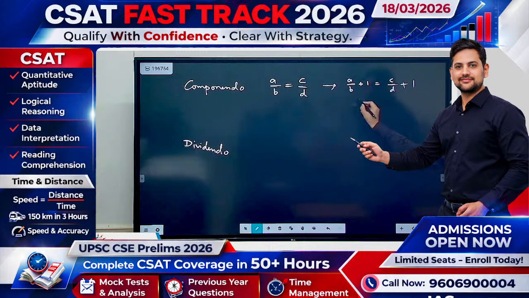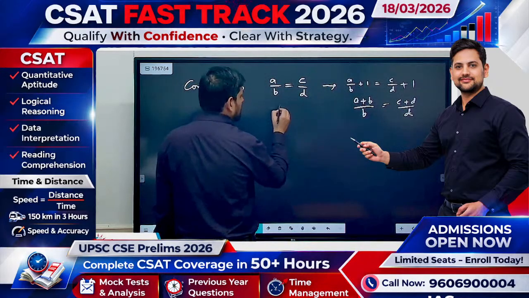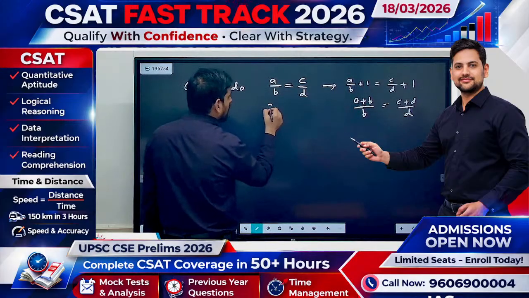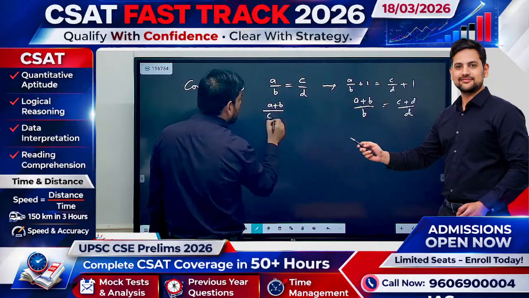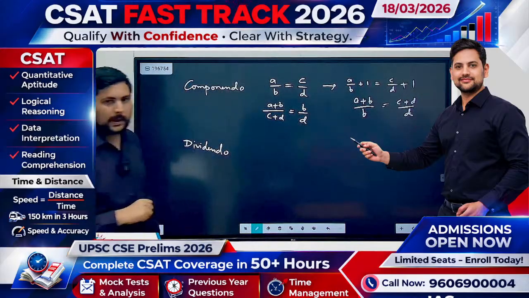Then this becomes A plus B upon B is equal to C plus D upon D. Now I can send C plus D here and B there. So what do I get? I get A plus B by C plus D is equal to B by D.